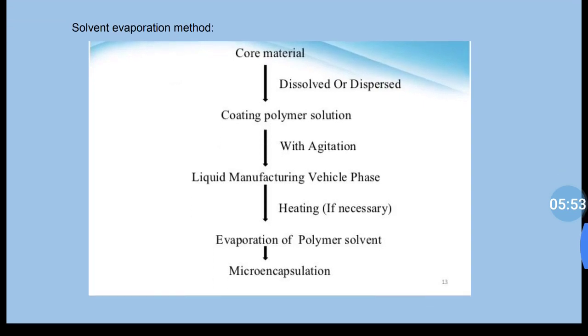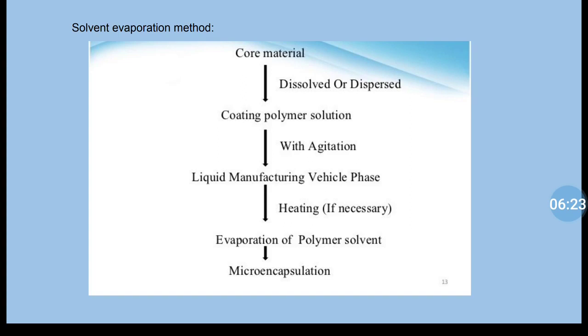Next method is the solvent evaporation method. So in this method, the core material is dissolved or dispersed into the liquid manufacturing phase. Then after, the coating polymer is added in solution form, and these two are agitated.